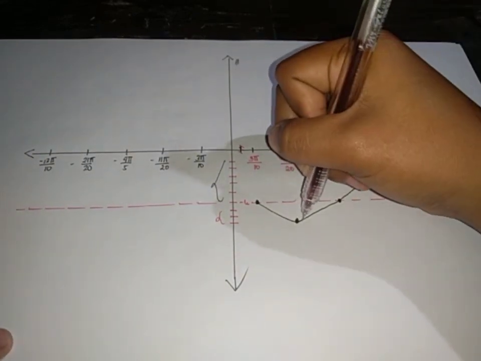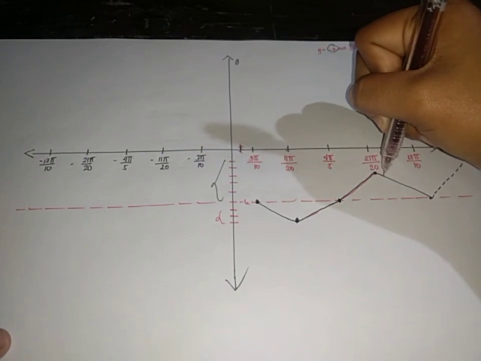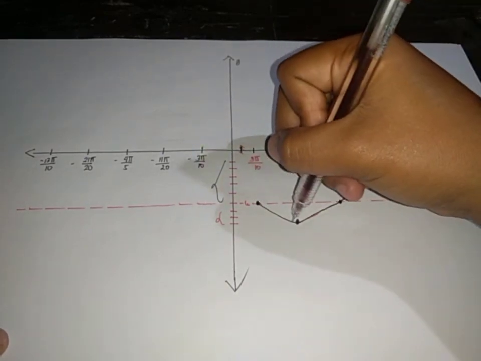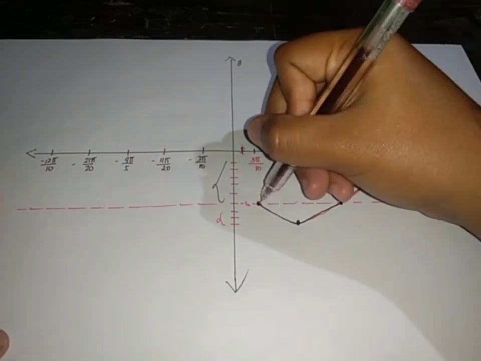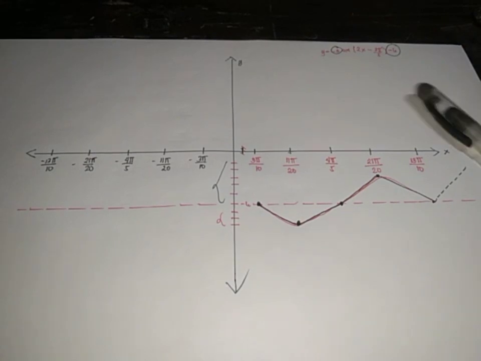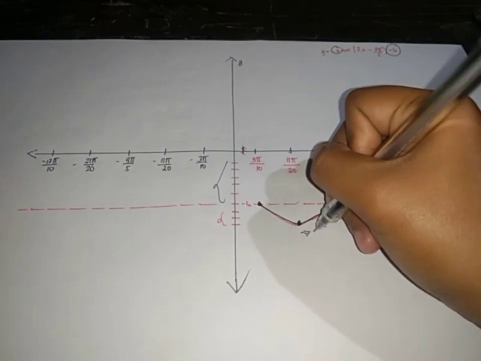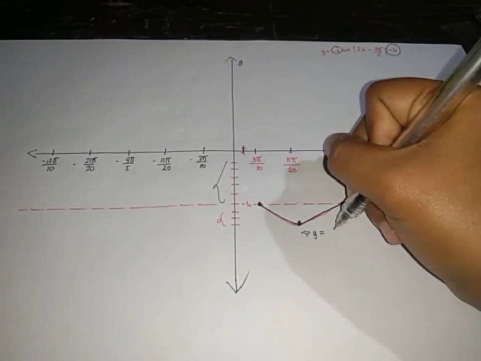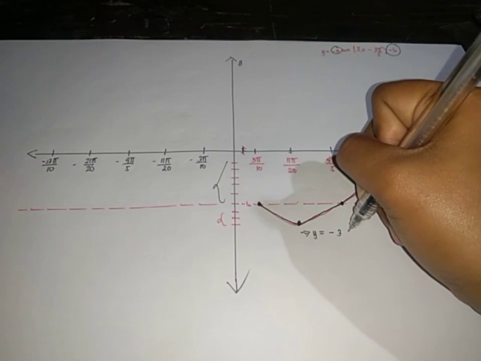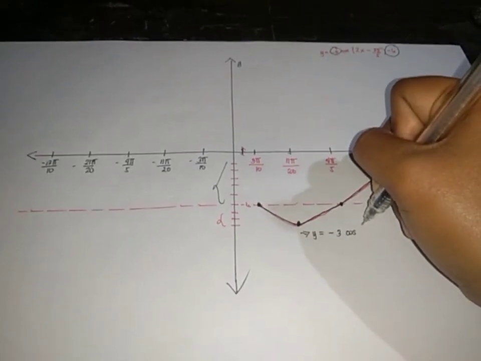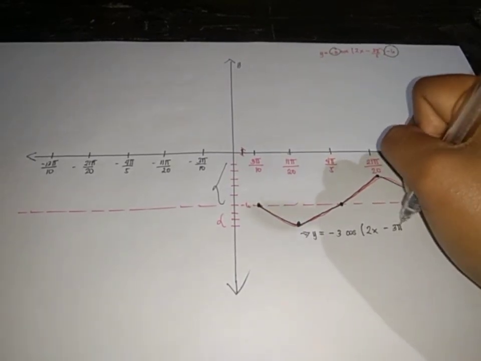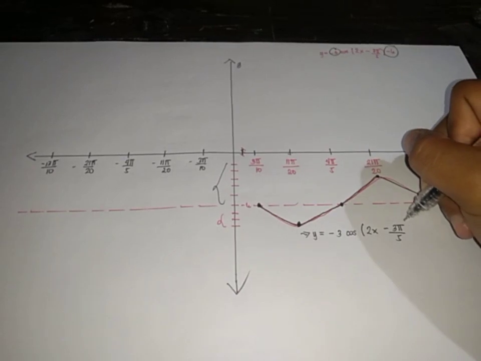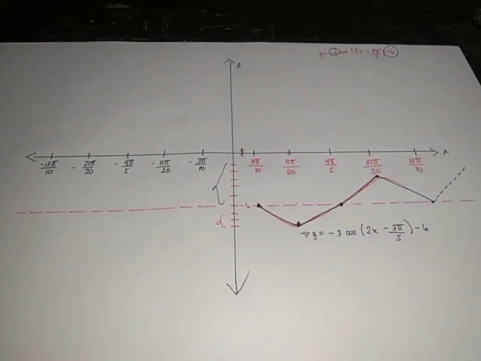Now we connect to form the graph. So this is y equals negative 3 cosine times the quantity of 2x minus 3 pi over 5, minus 6.